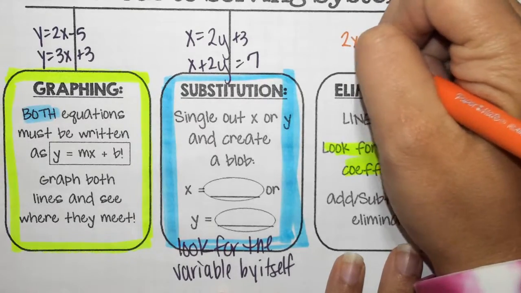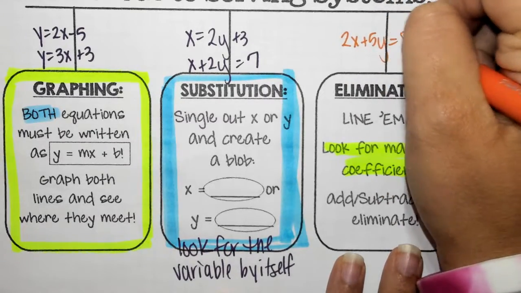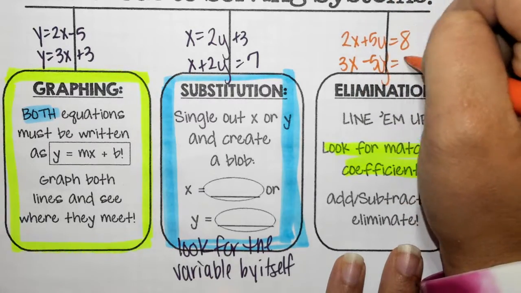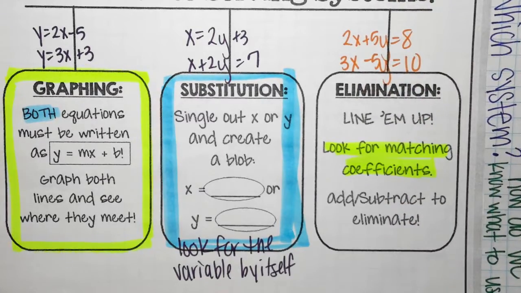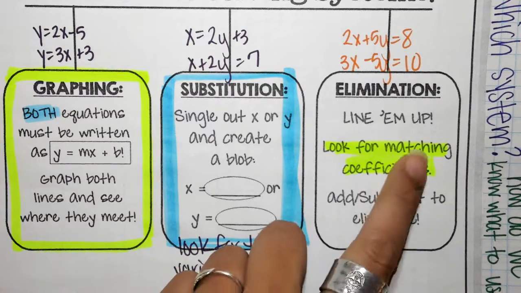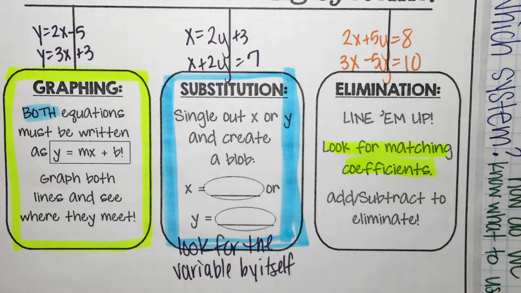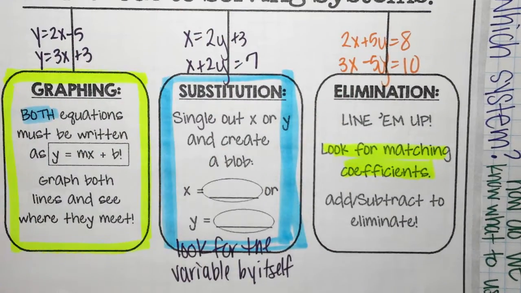So it would be 2x plus 5y equals 8, and 3x minus 5y equals 10. So when the x and y are on the same side, look for matching coefficients, so the ones that are the same number, and then we add or subtract to eliminate. Remember, we add if they're opposite signs, we subtract if they're the same, because we want to cancel.